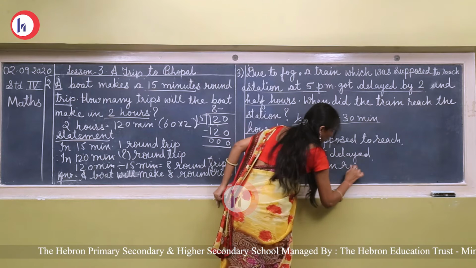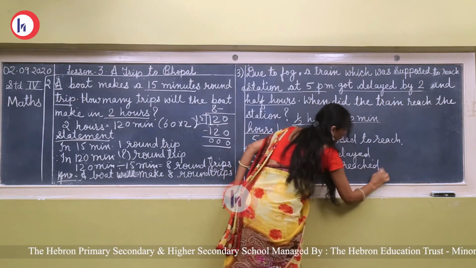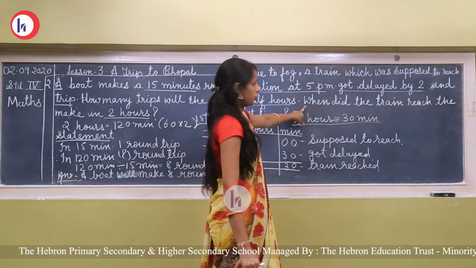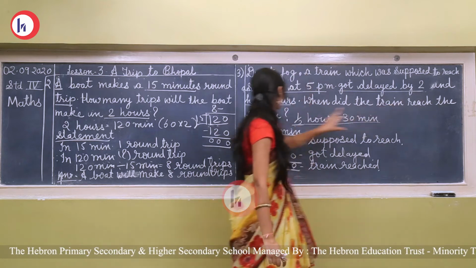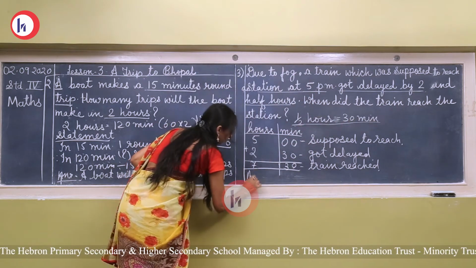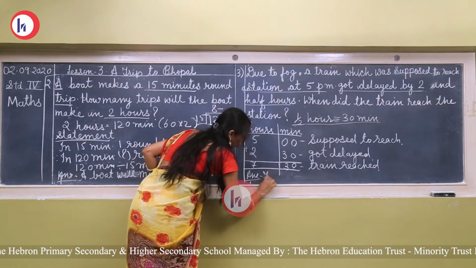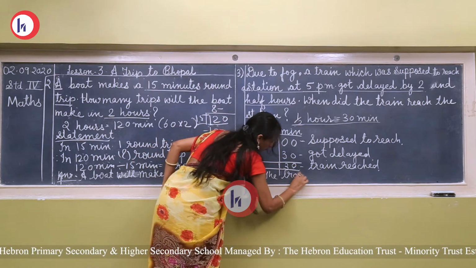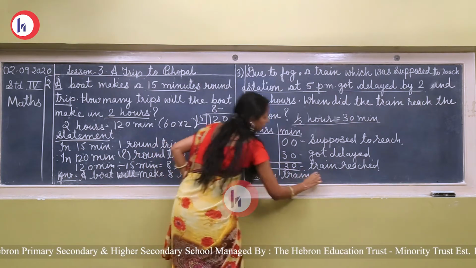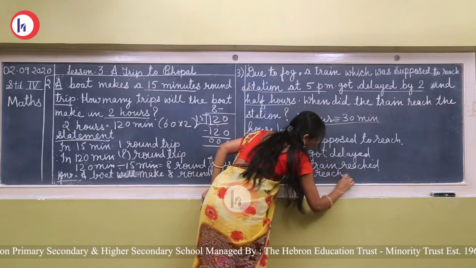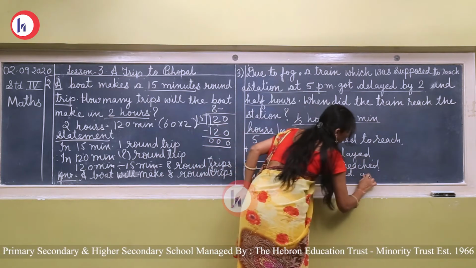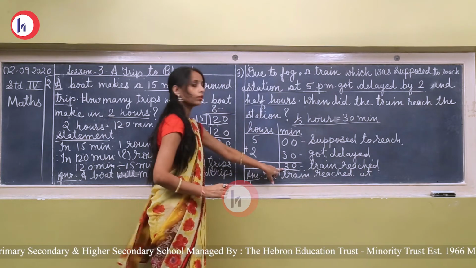Train reached. Now come to the question, when did the train reach the station? So answer is, the train reached at which time? 7:30.